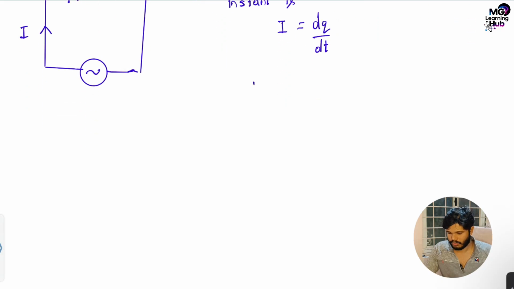Now we already know the expression for charge, q equals C into V, can we write it like that? C is capacitance and V is voltage. So substitute it in equation number 2.